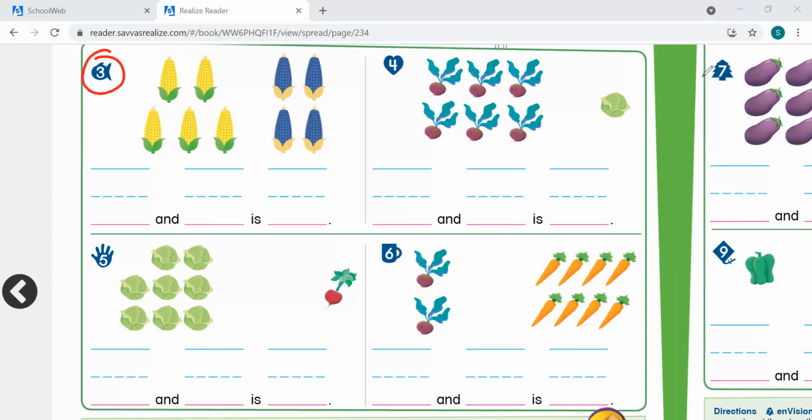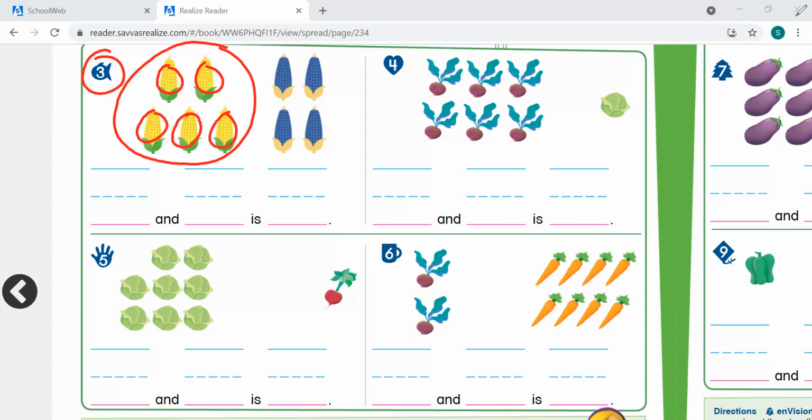Let's go on to our next page. Let's look at problem number 3. We have 2 groups of vegetables or corn. Let's use counters to see each group. In our first group here, we have 1, 2, 3, 4, 5. So we're going to put in our addition sentence 5 in our first group. In our second group, we have 1, 2, 3, 4.